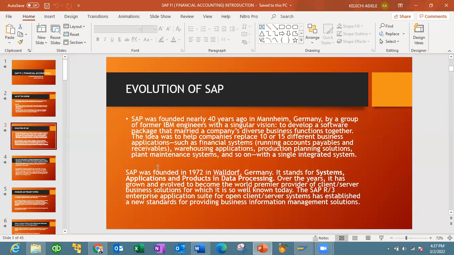R/3 is the server, ECC is the application layer. You have HANA and S/4. HANA is the database, S/4 is the application layer, where of course we use the app called Fiori. But HANA is basically a cloud-based solution, although you can still run it on site.